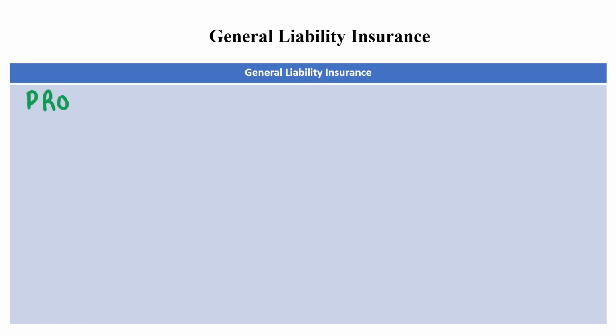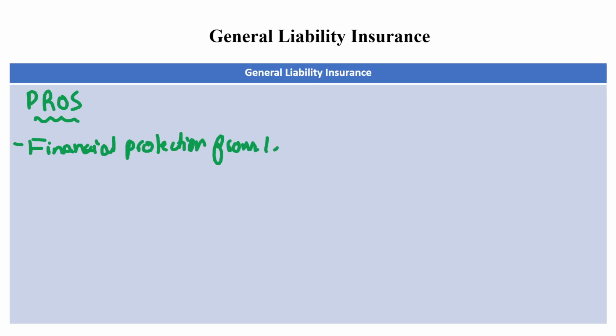So the first pro that we have is financial protection from lawsuits. A single lawsuit can be financially devastating, with legal costs, settlements, and potential damages reaching tens or even hundreds of thousands of dollars.